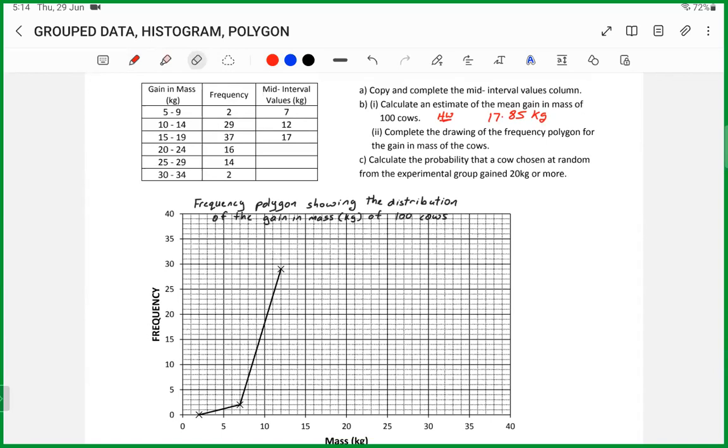But it's easy. The x coordinate is the midpoint. And then the y coordinate is the frequency. And then if you're looking at the x coordinates, you just follow. In this case, you could just keep adding 5.